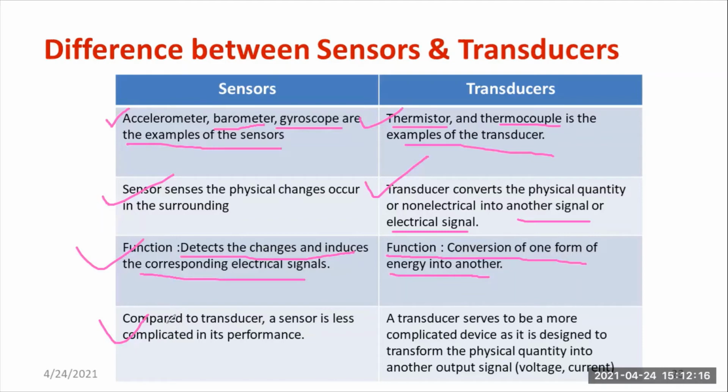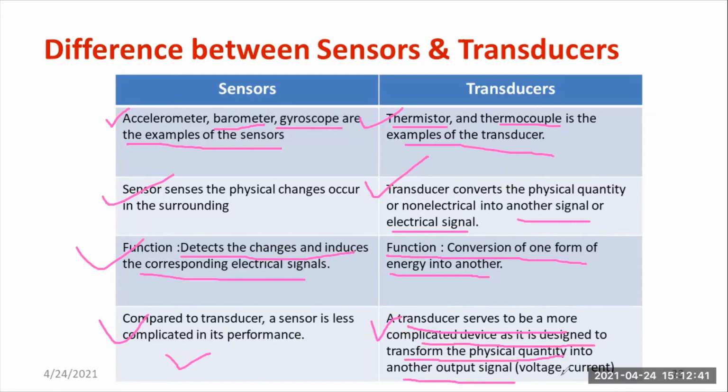Coming to another point, compared to a transducer, a sensor is much less complicated and its working is also simple. But a transducer is complicated because it always comprises a sensing element as well as a signal conditioning device. So the transducer is a more complicated device as it is designed to transform the physical quantity into another output signal.